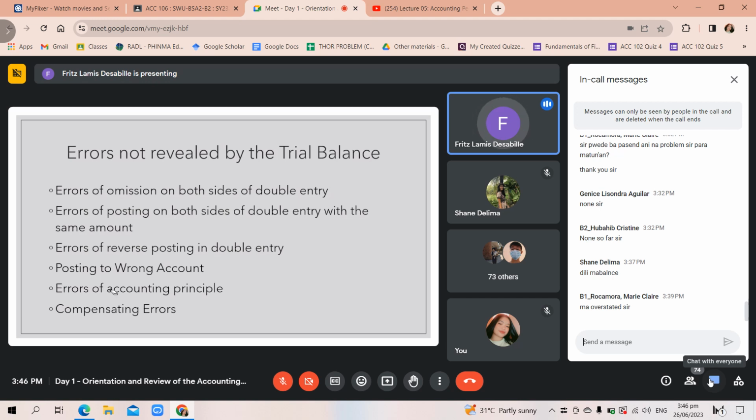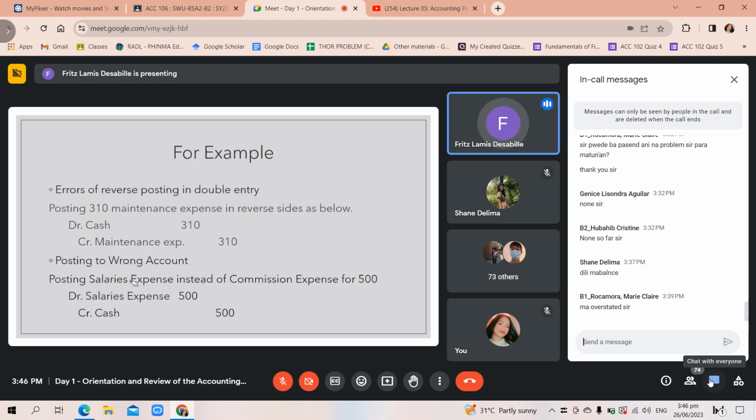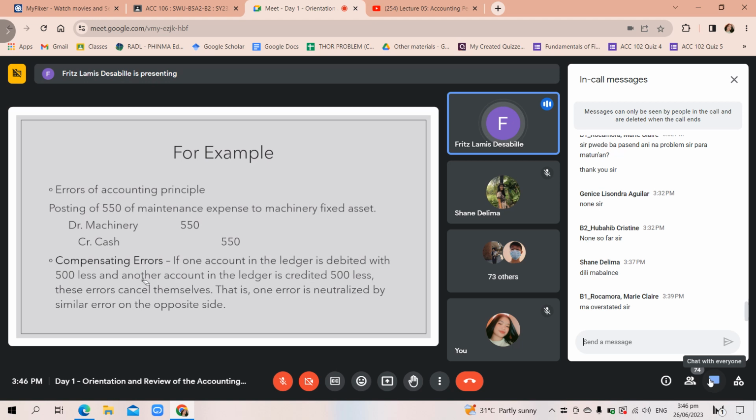So safe, tama imong entry, balance gyapon imong debits and credits. So ever sayop siya kay sayop man imong pag-apply sa imong accounting principle. Okay, so lastly is compensating errors. Okay, sige, example of the last two kani. So errors of accounting principle kani.